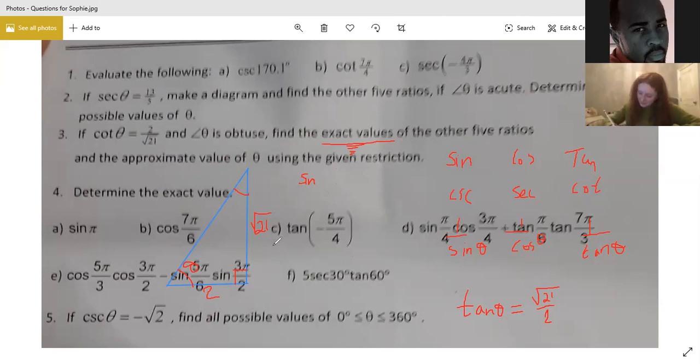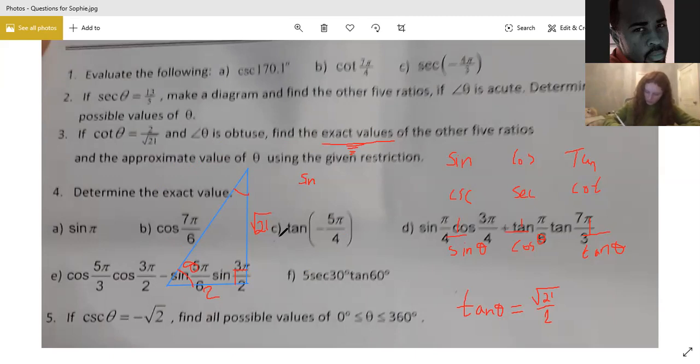Pythagorean theorem. Okay, that works. It's 5. Okay, so therefore sine is what? Root 21 over 5? Yes, correct. And then cosecant would be the opposite of that. It would be inverted, so it would be 5 over root 21.